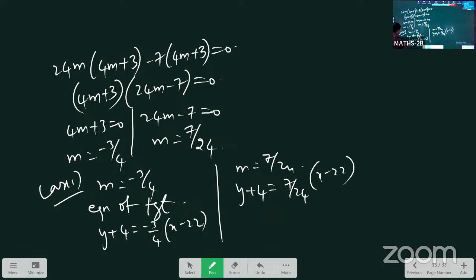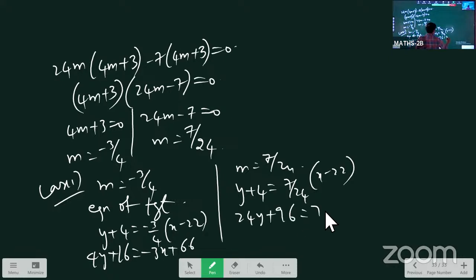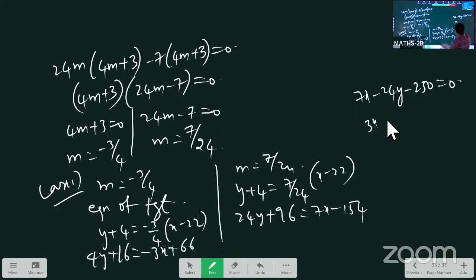That simplifies to 4y plus 16 equals minus 3x plus 66, and 24y plus 96 equals 7x minus 154. Further simplification gives 7x minus 24y minus 250 equal to 0 as one equation, and 3x plus 4y minus 50 equal to 0 as the second equation.